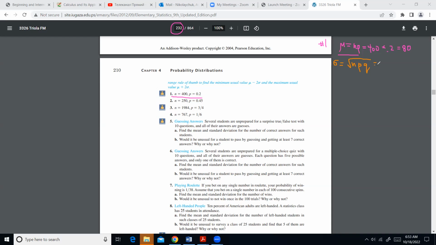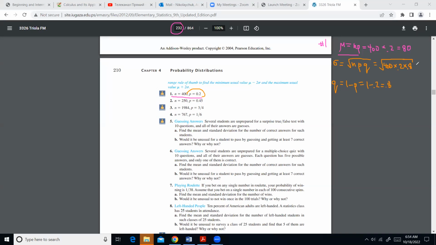So I'm going to put in the square root of 400 multiplied by 0.2 and then also multiplied by 0.8, actually by 1 minus P. So Q could be found as 1 minus P. If they gave you the fact that P was 0.2, then you subtract 0.2 from 1 and get 0.8. So that's how I put this 0.8 here.